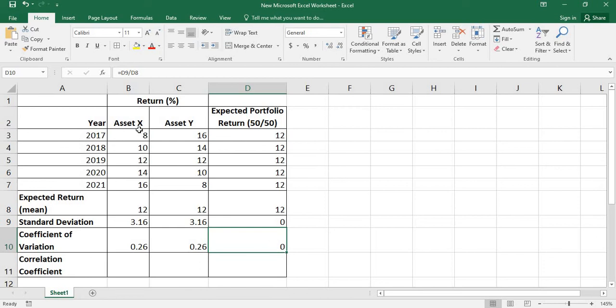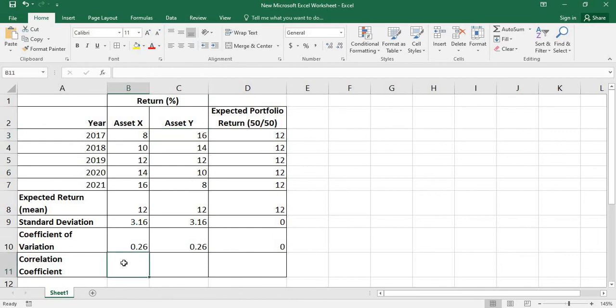If you look at the data, you'll find that there is a completely opposite relationship between the returns of asset X and asset Y. When the return of asset X increases, return of asset Y decreases, and returns of asset X and returns of asset Y move completely in opposite directions. So from this data, we can say that their correlation coefficient is negative, or it is exactly -1.